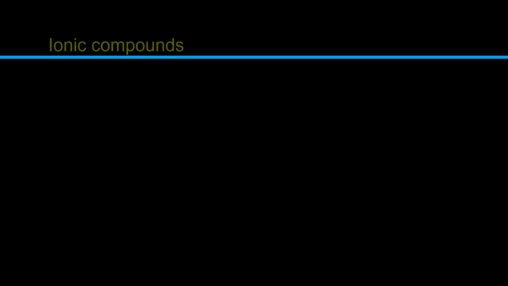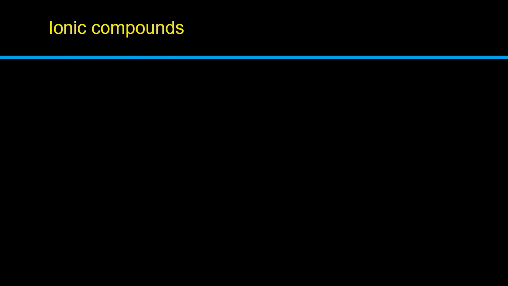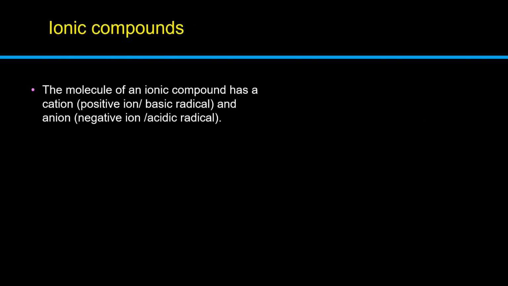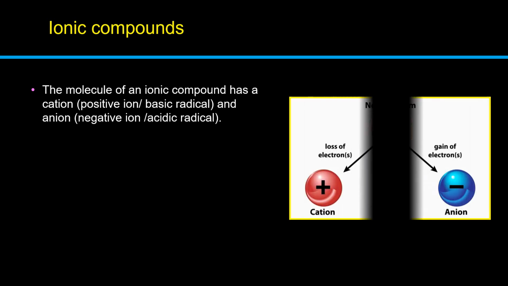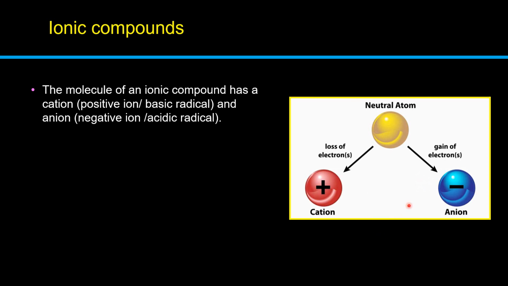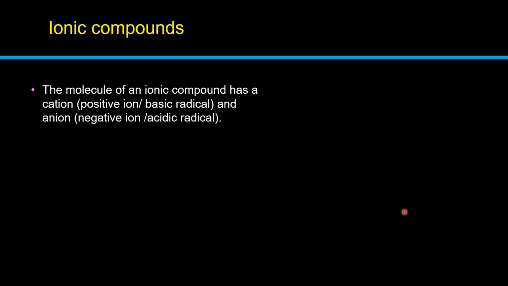Let us refresh our memory about ionic compounds. The molecule of an ionic compound has a cation, that is a positive ion, also called a basic radical, and an anion, which is a negative ion, or an acidic radical. A neutral atom that loses an electron becomes a cation, and with a gain of an electron it becomes an anion, which is negatively charged.